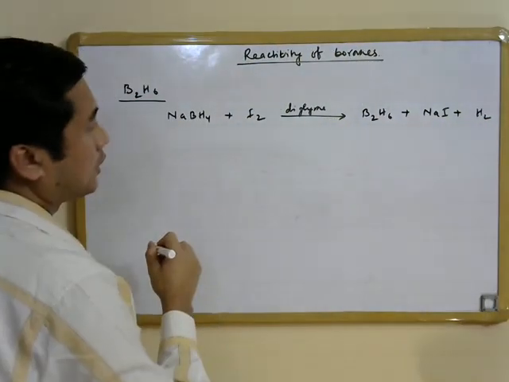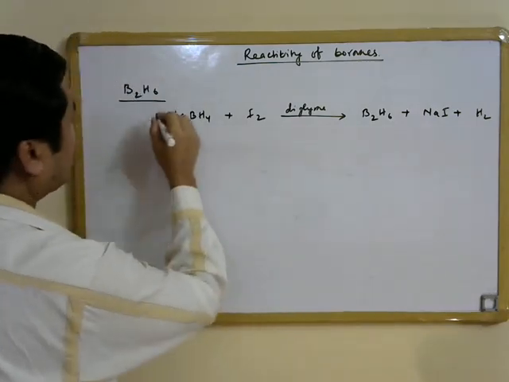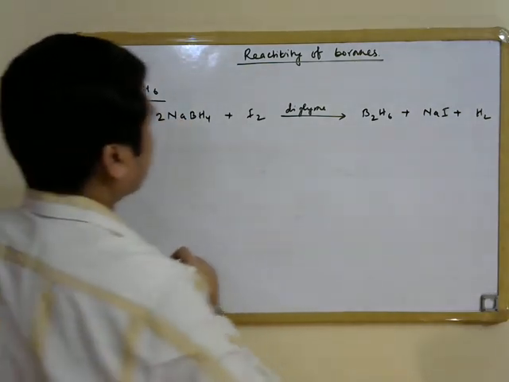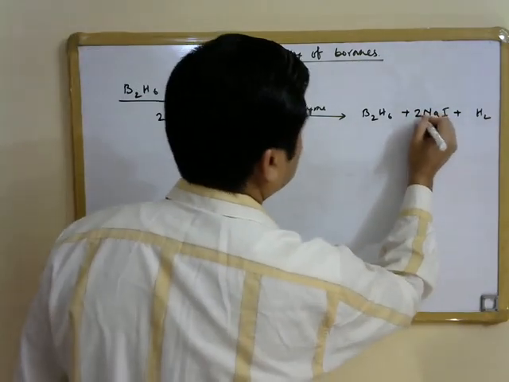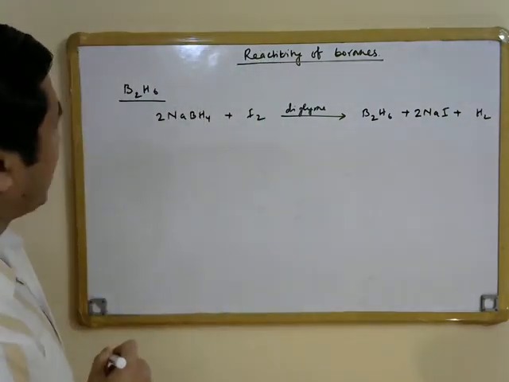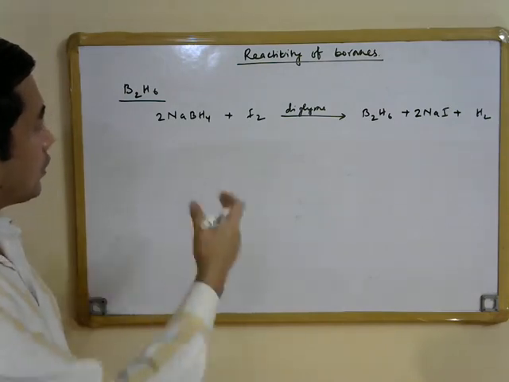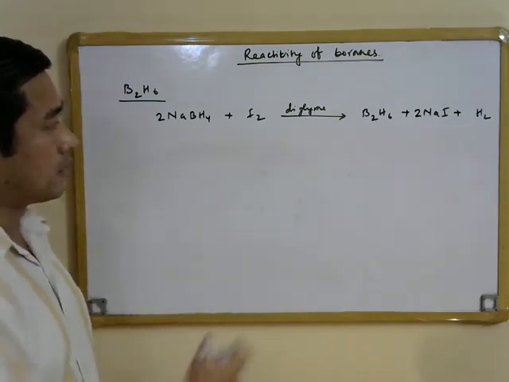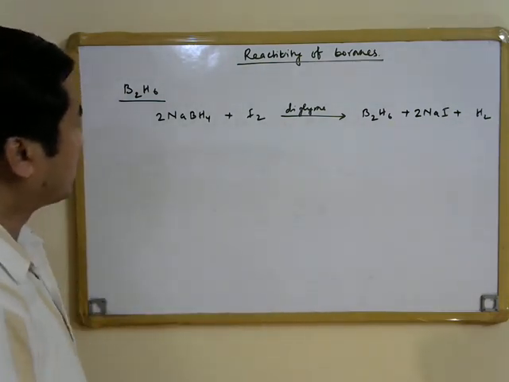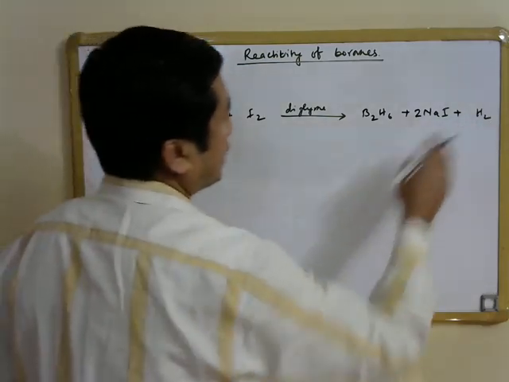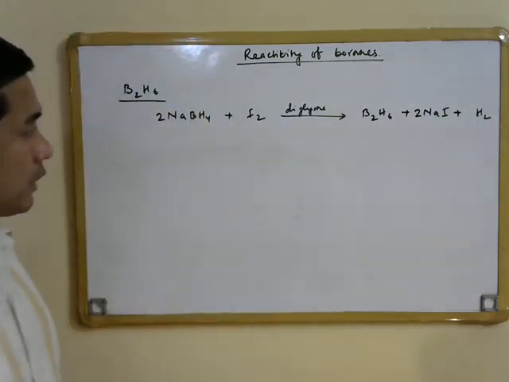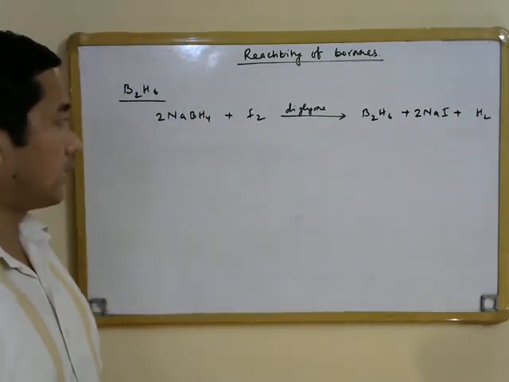If we balance this reaction, we put 2 NaBH4 plus I2, which gives B2H6 and sodium iodide, and 1 mole of H2 is also released in this reaction.